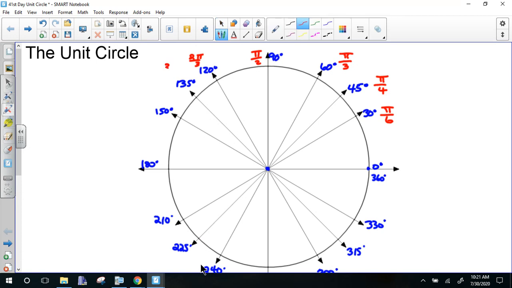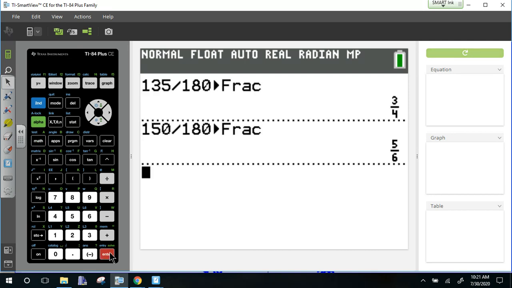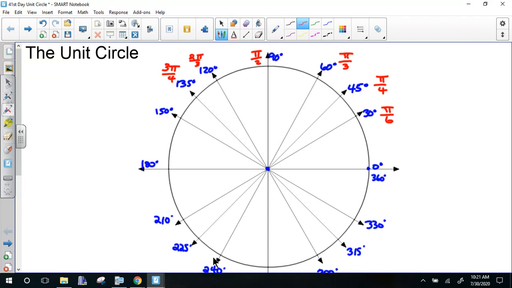So this will be 3 pi over 4. 150 divided by 180. Math, enter. 5/6. So it'll be 5 pi over 6.